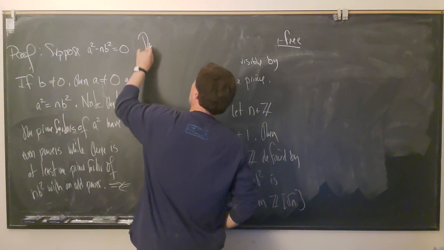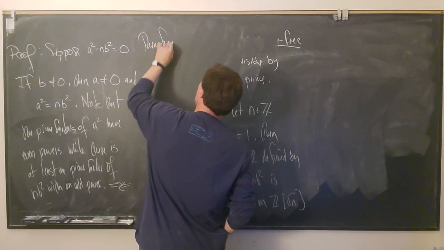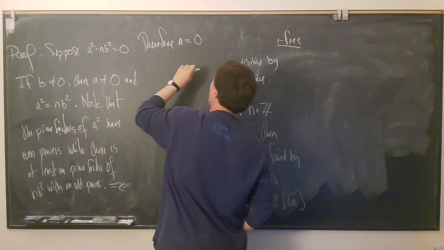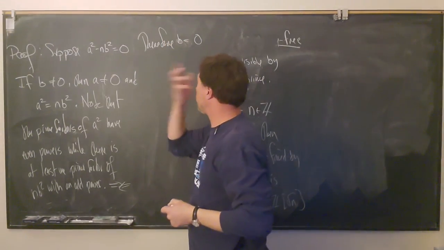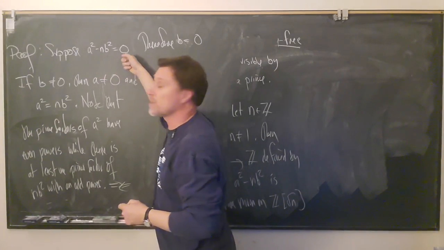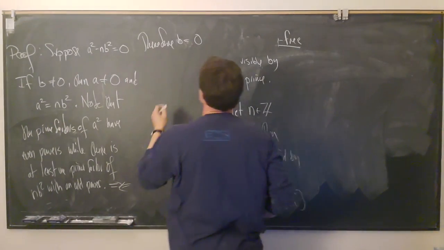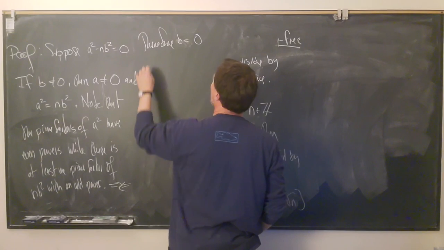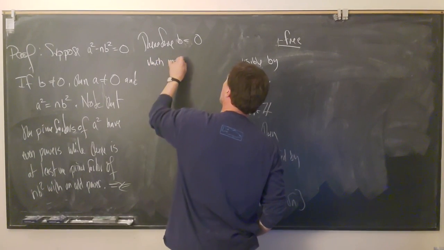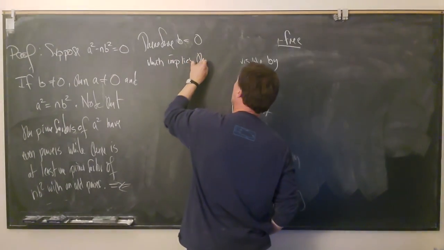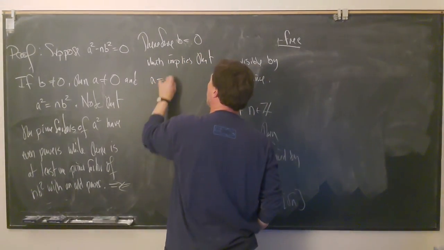Therefore, b equals 0. And if we have b equal to 0 and a squared equals 0, that forces a equal to 0. Therefore, b equals 0, which implies that a equals 0.